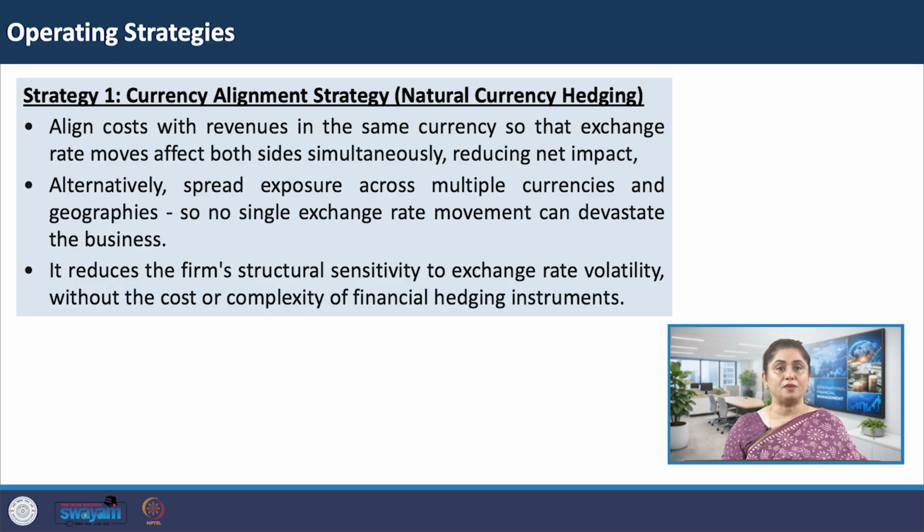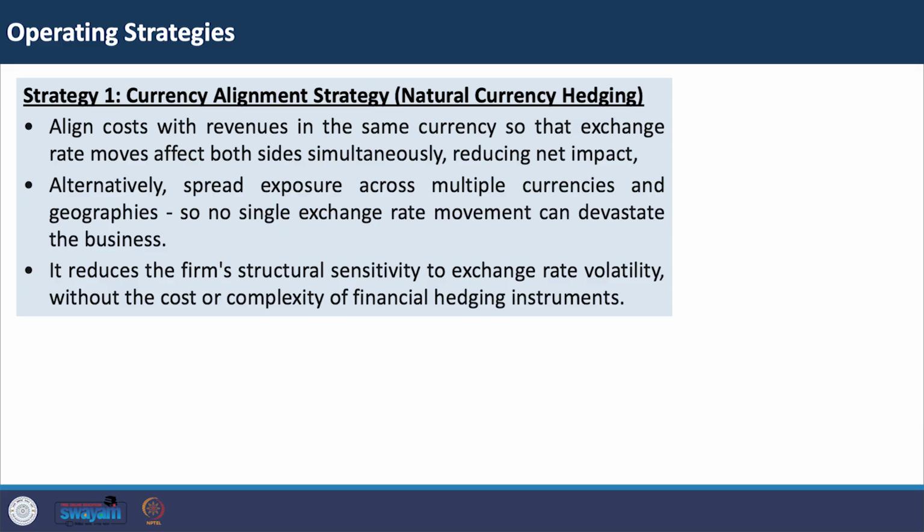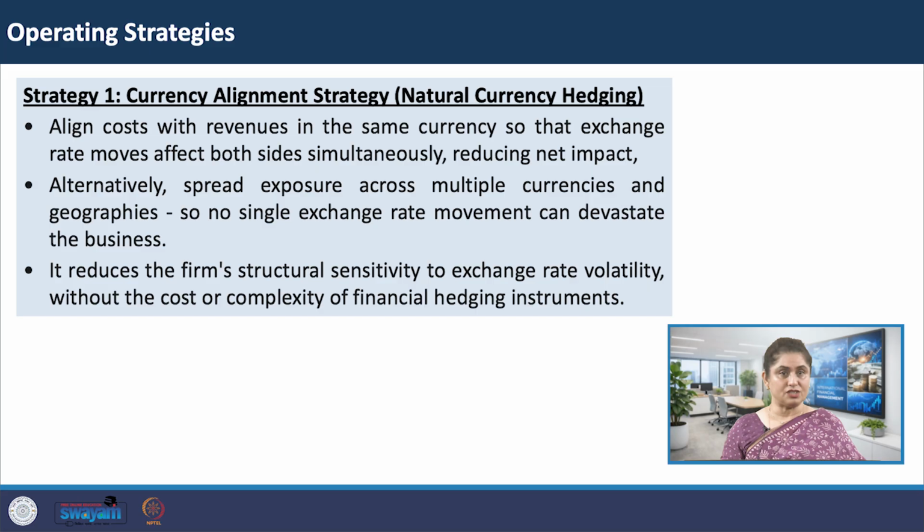Second, spread your exposure across multiple currencies and geographies so that no single exchange rate movement can devastate the entire business. Third, the great advantage of this approach is that the hedge is embedded within the firm's own operations. It works automatically, continuously, without the cost or complexity of financial instruments.